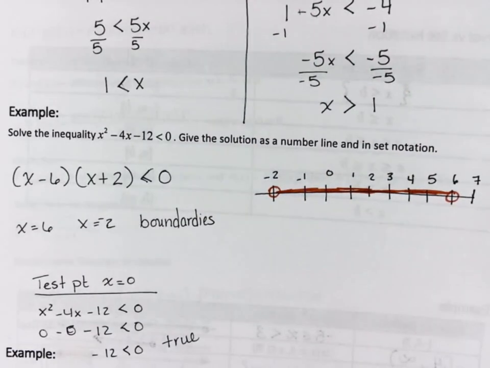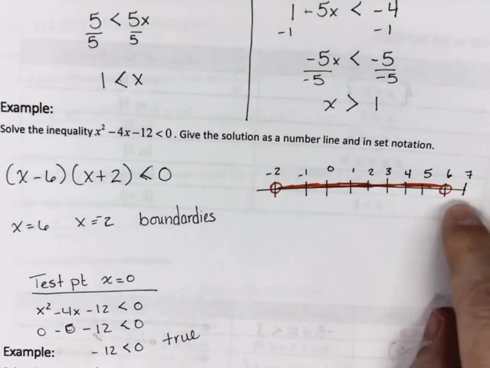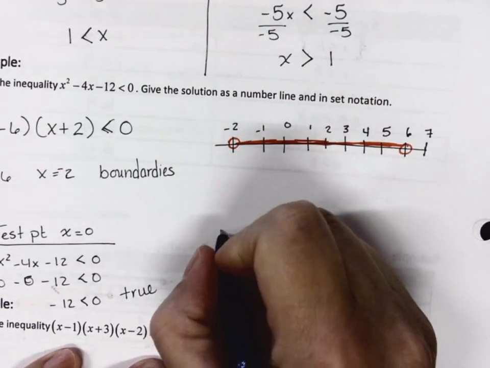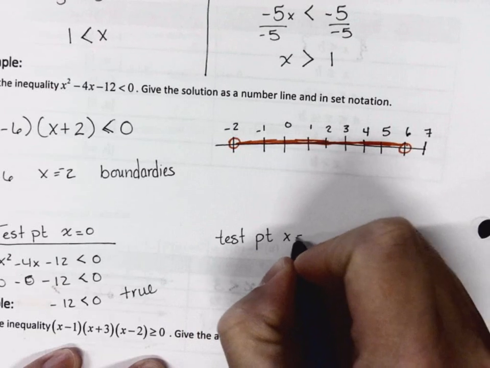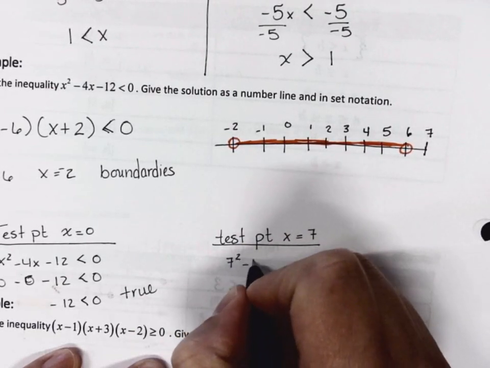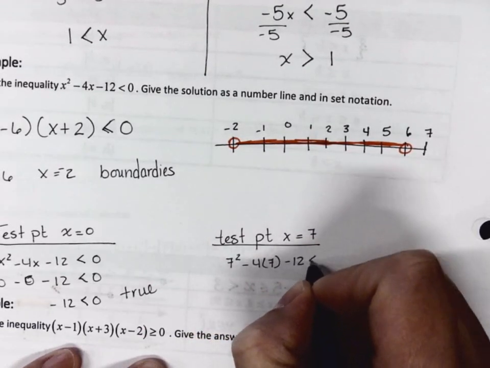Now, if you want to double check your math, you can always do another test point. Let's go outside. Let's go 7. So we would have 7 squared minus 4 times 7 minus 12 is less than 0.